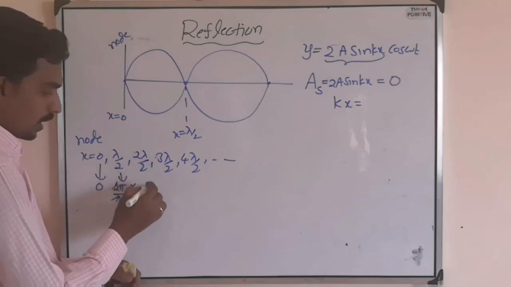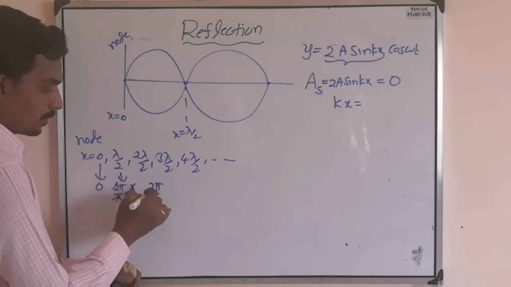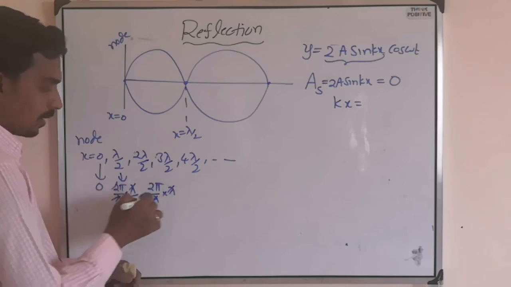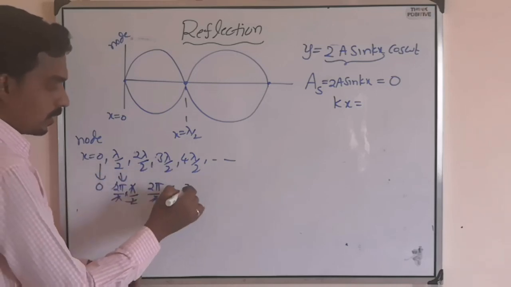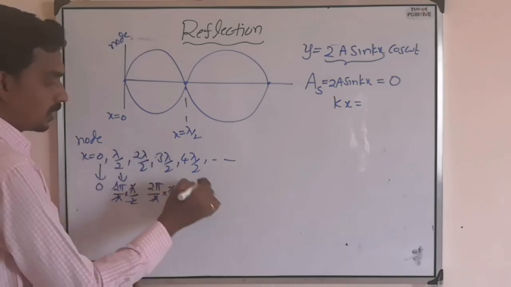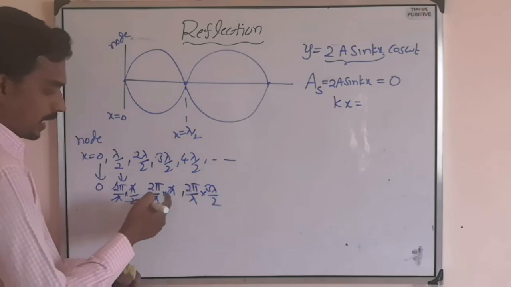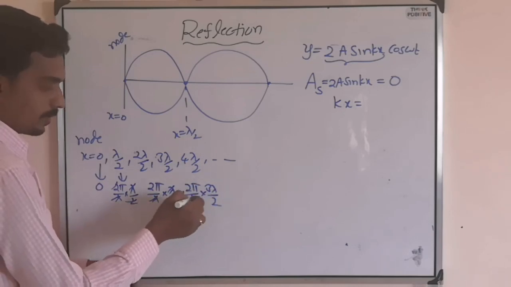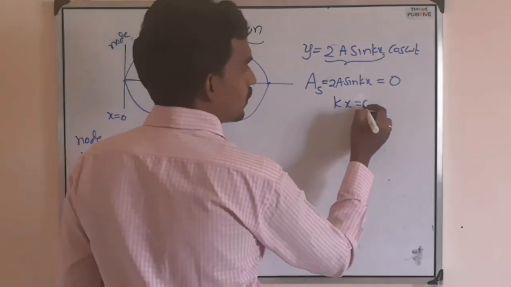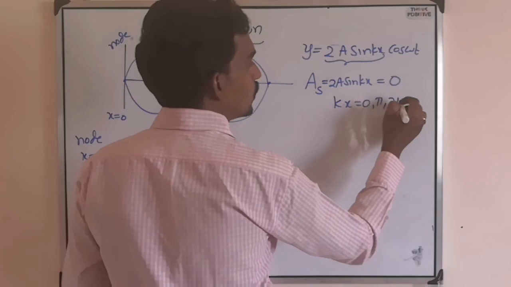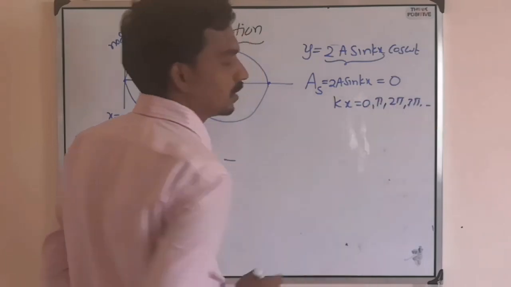Next, 2 lambda by 2 is lambda, lambda cancels, then 2 pi. Next, 2 pi by lambda into 3 lambda by 2, k into x, so 3 pi. So kx can be 0, pi, 2 pi, 3 pi, and so on.